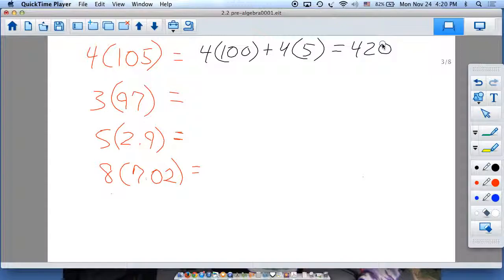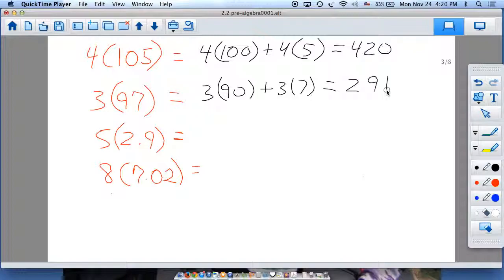Stop the video and you try the other 3. If I was doing these problems, I'd take 3 times 90 plus 3 times 7, which is going to give me a final answer, which I hope you got, is 291.